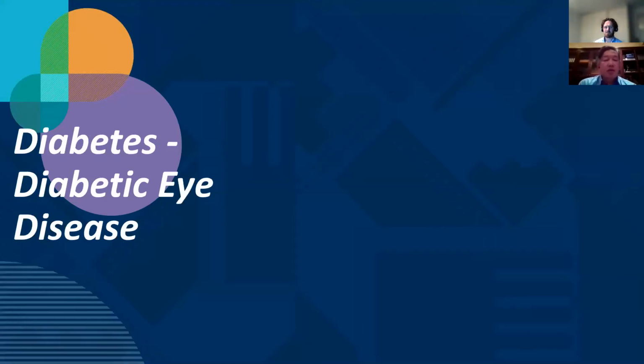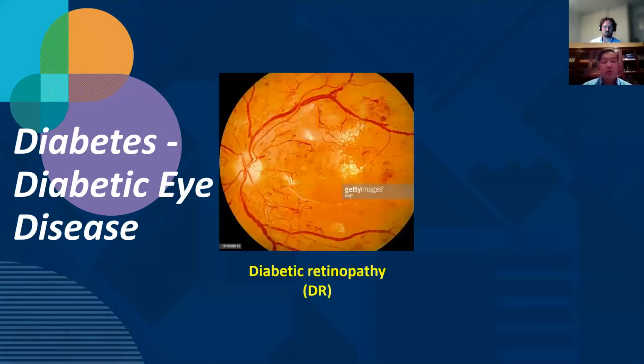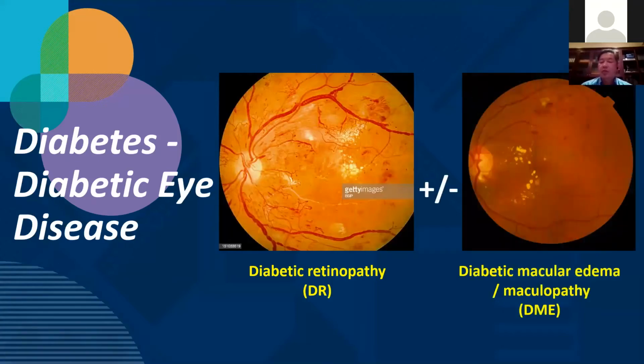So in terms of diabetes and the eye, I like to coin the phrase diabetic eye disease, which consists of diabetic retinopathy, so we have damage to the peripheral retina, and diabetic macular edema or maculopathy, where the damage is now affecting the macula.